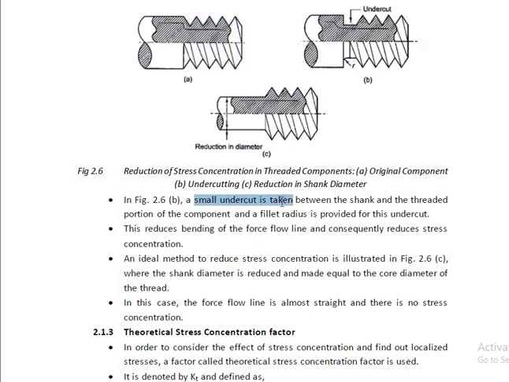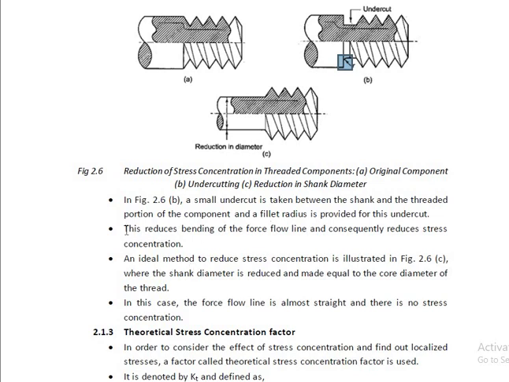A fillet radius is provided for this undercut. This is the fillet radius. This is the first method of reducing the stress concentration in the threaded member.